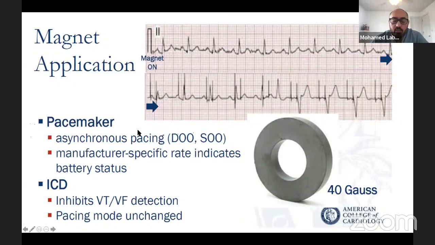If you have a device that's malfunctioning, you're not sure if it's an issue with the sensing or not, you just want the device to be pacing asynchronous, put a magnet on it and it will be pacing all the time. And then you can troubleshoot the device more by bringing the programmer and further troubleshoot the device, okay?